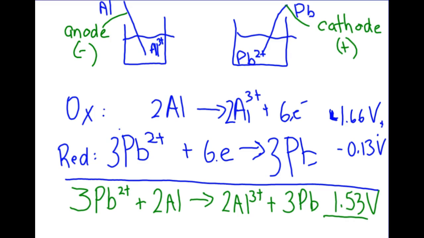Which direction are the electrons going to go through the external wire? If I link these two strips with a wire, electrons always flow from anode to cathode.